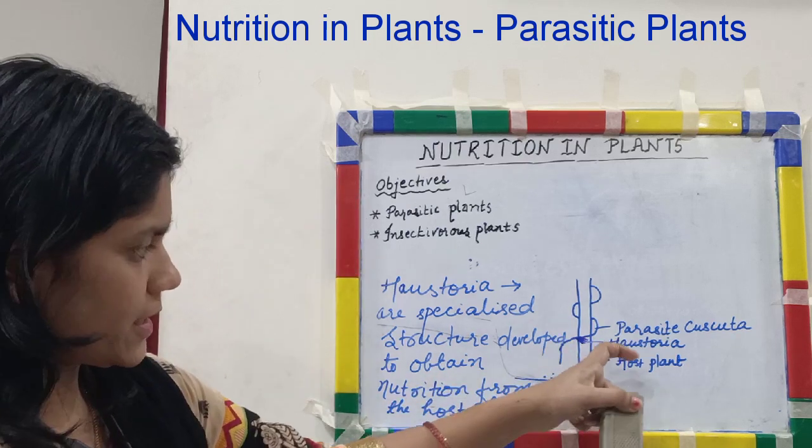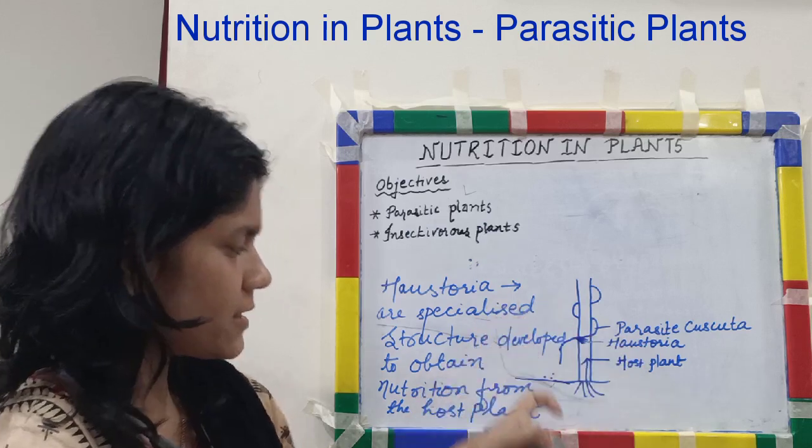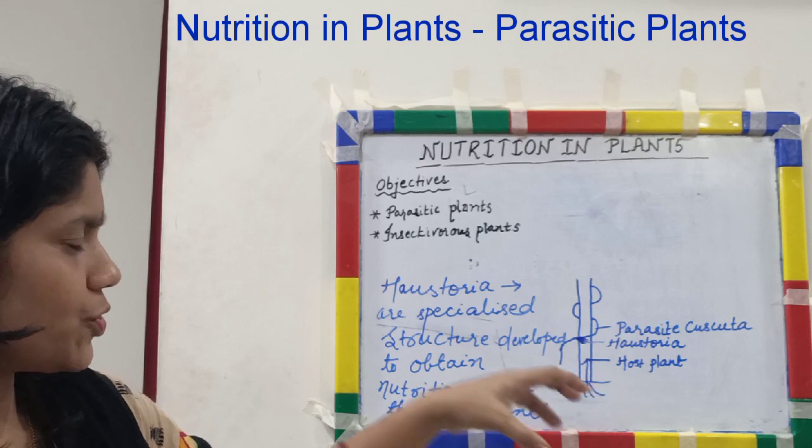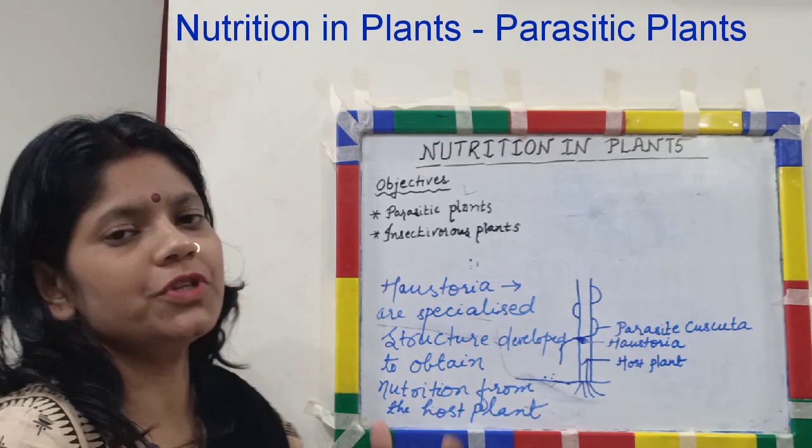And where is the connection of haustoria? It establishes its connection with the vascular tissue of the host plant. So in this way, it derives its nutrition.